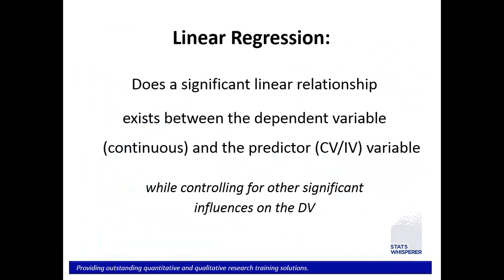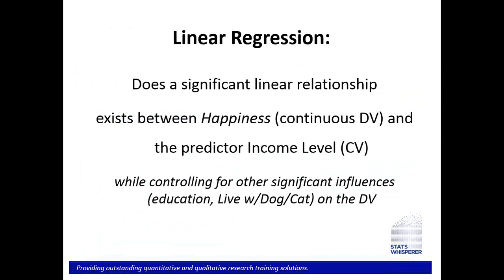Now, recall the linear relationship. So let's say we're looking at, does a significant linear relationship exist between happiness and the predictor income level, the covariate variable?